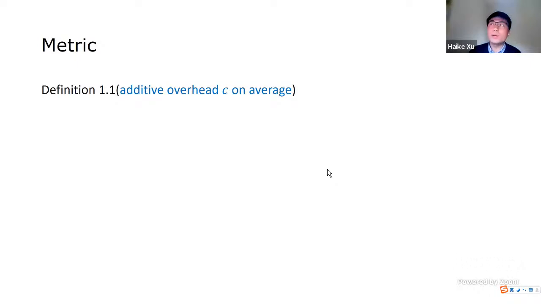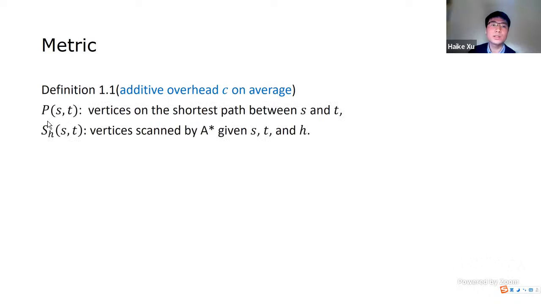The metric we consider in our paper is called additive overhead on average. Please see our definition 1.1. Before giving the formula, we will give two notations first. The first notation is P(S,T), which denotes the vertices on the shortest path between the starting point and the destination.